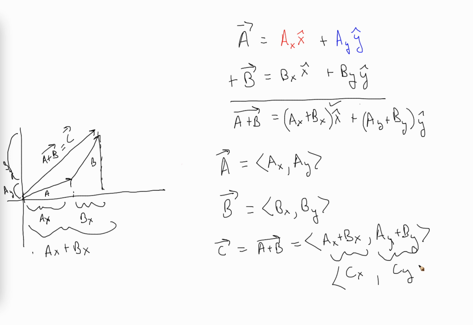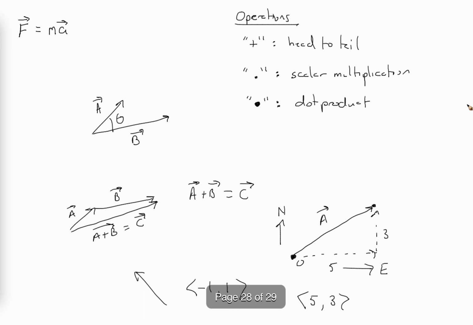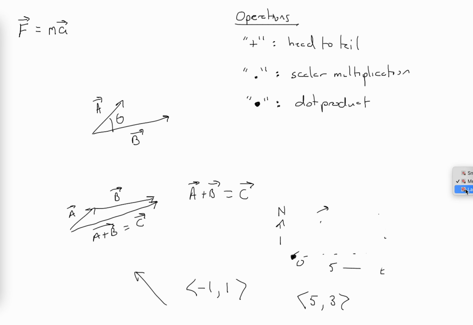So instead of drawing vectors and adding them by drawing them, we now have a way of doing them algebraically, just using these numbers to add the vectors. We have a rule for each one of these. So let me clear some space off here.